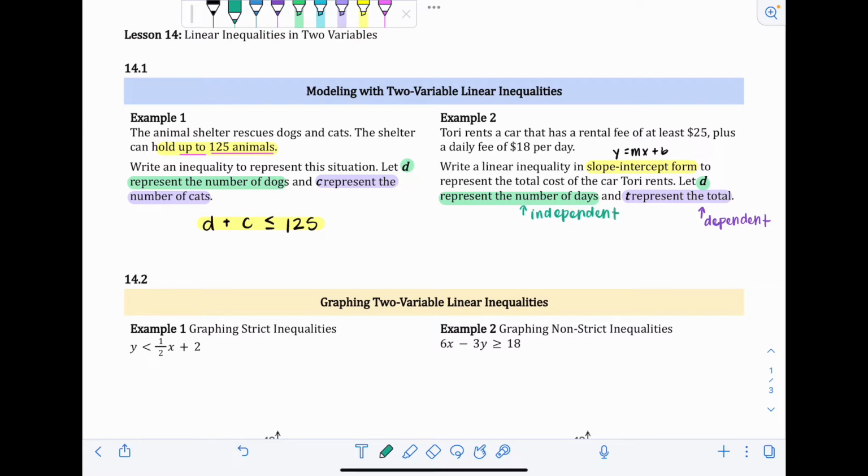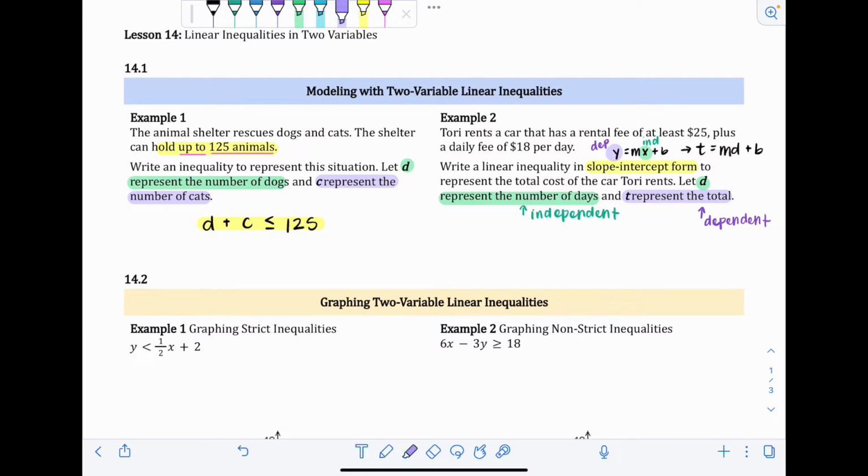Okay, sorry. So that's important because it helps us decide what variables are being replaced in slope-intercept form, like y versus x. So y is our dependent variable and x is our independent variable. That means instead of using y equals mx plus b, we're going to use t equals m times d plus b.